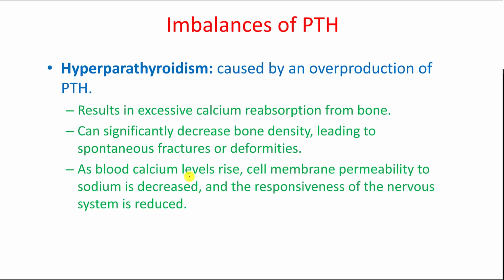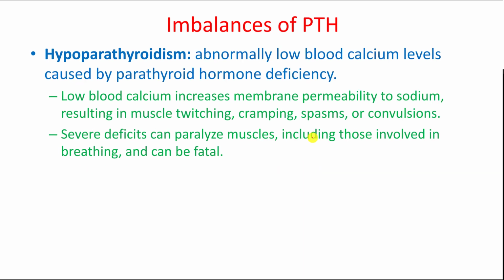In this case, we will have sometimes hyperparathyroidism, that is overproduction of PTH. This means that we have excessive calcium reabsorption from bone, decreasing bone density, that would increase fractures and deformations of the bone. That might affect also the permeability or action potentials of the nervous system, and it will come with so many problems.